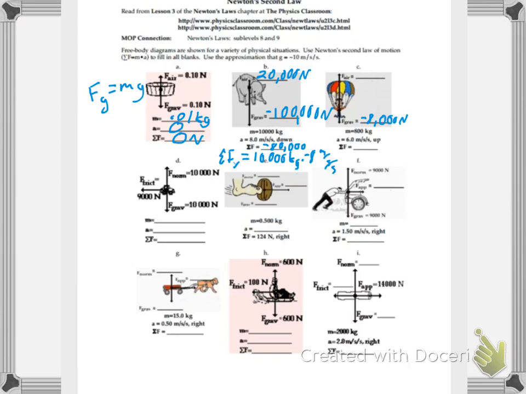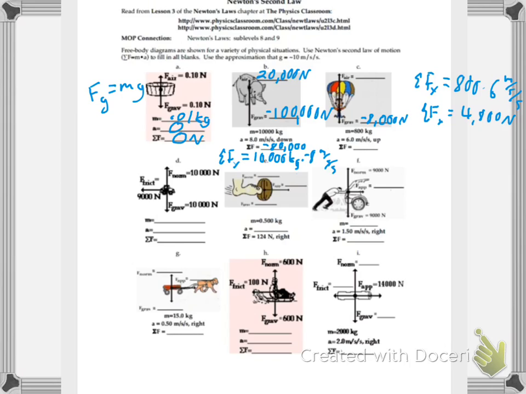Now here we see an upward acceleration. So when we find the sum of our forces, we want the sum of our forces in y, and that will equal our mass of 800 kilograms times our acceleration of 6 meters per second, which would give us the sum of our forces in y will then equal 800 times 6, which is 4,800 newtons up.